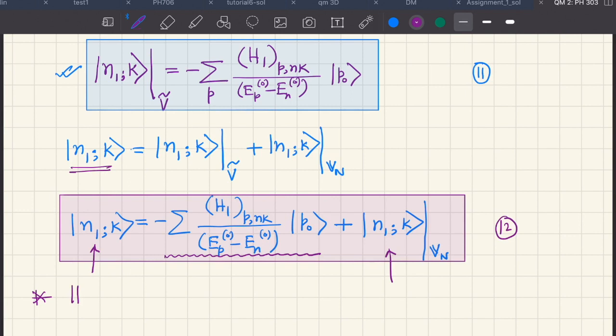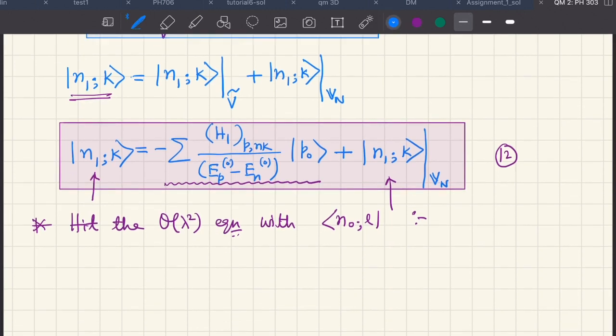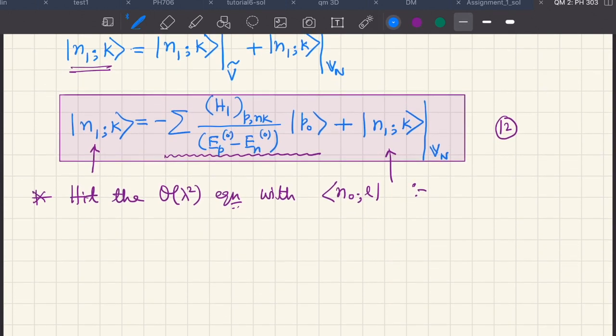So the thing is that we hit the order lambda square equation with n0L, and we see what is in store for us there. So what was the order lambda square equation? The lambda square order equation was this one, H0 minus En0. If you remember, this is very easy to remember.